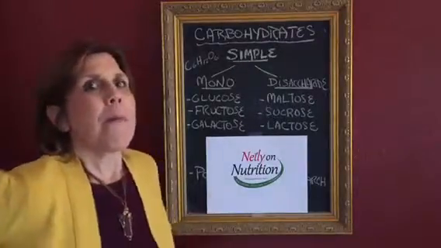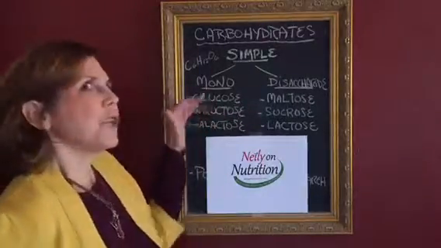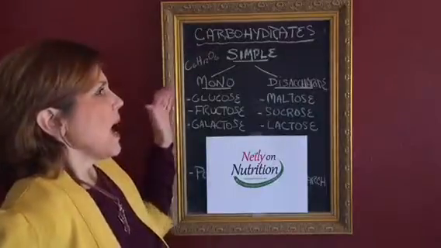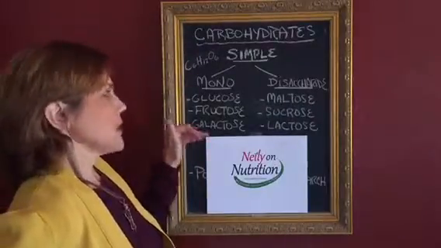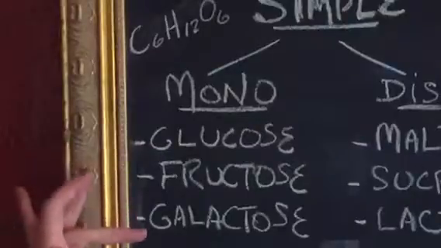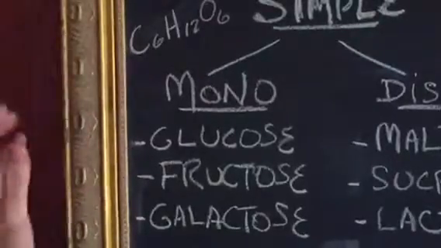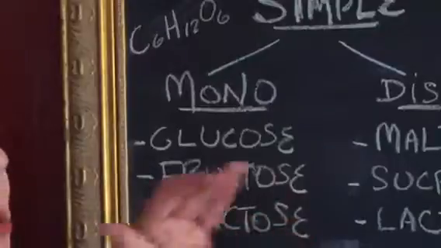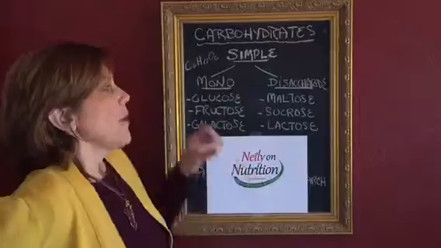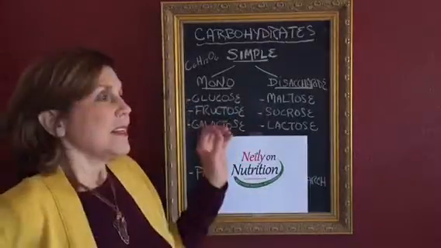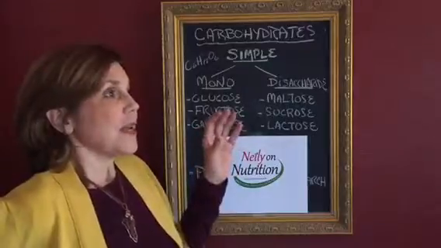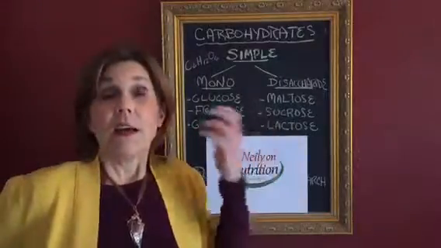The monosaccharides, so a single sugar, all three of these monosaccharides, glucose, fructose, and galactose, all have the same chemical structure, C6H12O6. And what that means, they have 6 carbon, 12 hydrogen, and 6 oxygen. So these are monosaccharides. Disaccharides are pairs of monosaccharides.